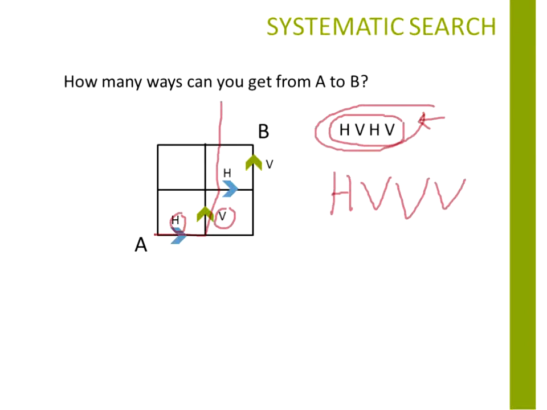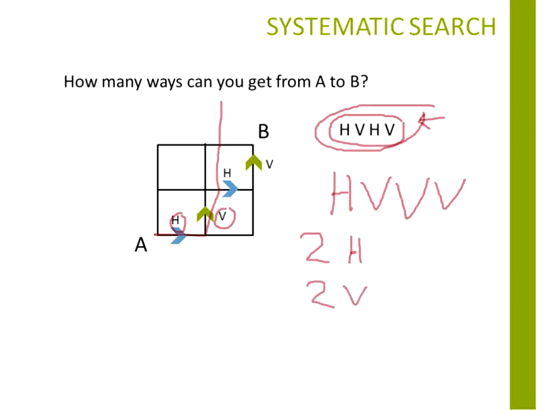Oh, great. Well, you guys are very fast. So a lot of people are saying 2 H's and 2 V's. Yeah, you can only do 2 horizontal moves and 2 vertical moves. Otherwise, you're off the grid. And if you do fewer, you'd never reach B. So you need 2 H's and 2 V's in any combination, and that's a well-formed path.